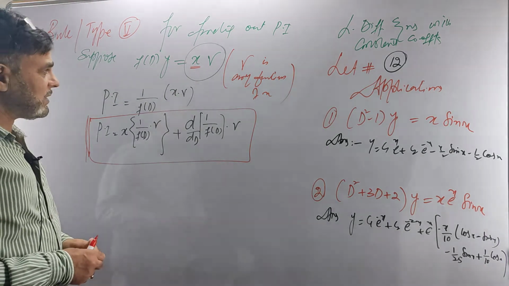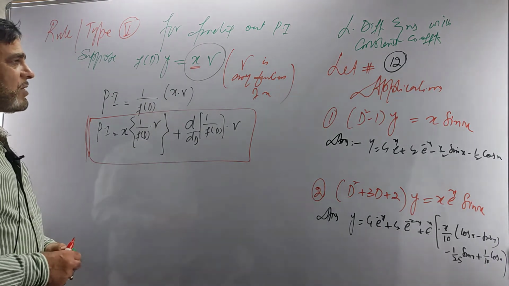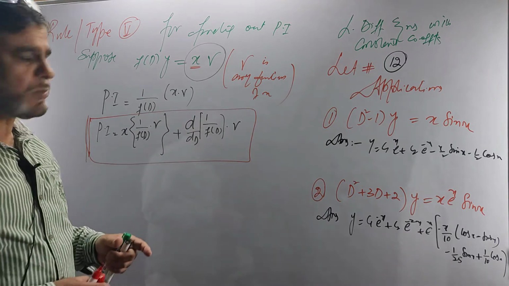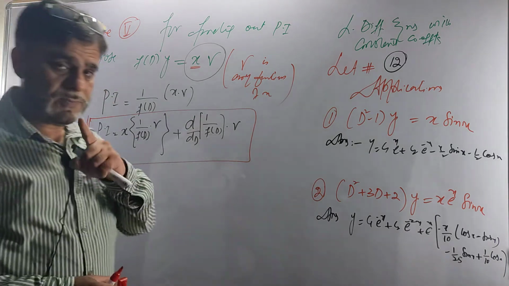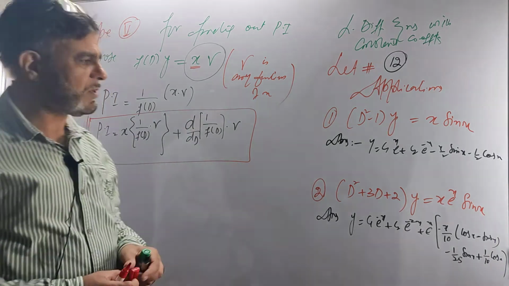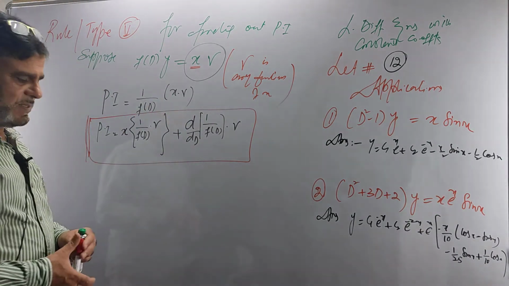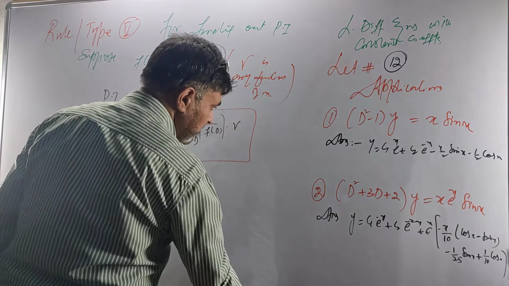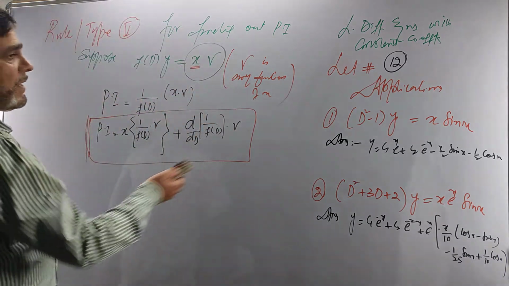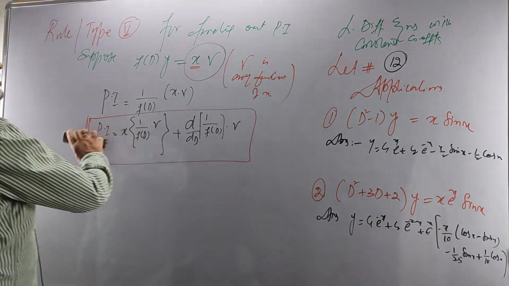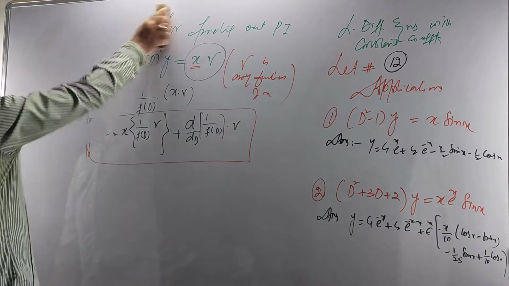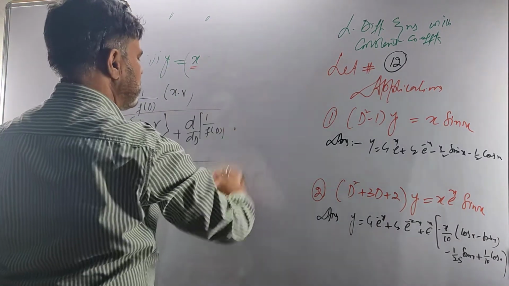Although questions of this type also you can do with the help of rule number 4th, but I think in certain cases this rule becomes very easy. I want to share 2 or 3 questions on this. Let us do these questions so that you will understand how to apply these. This is the application of this rule.